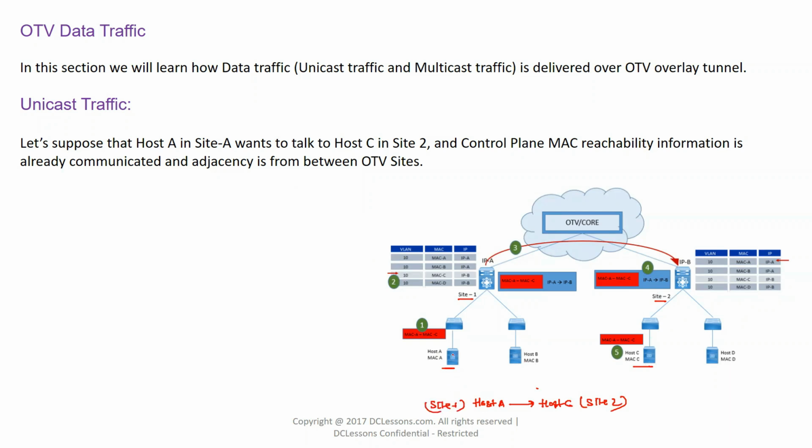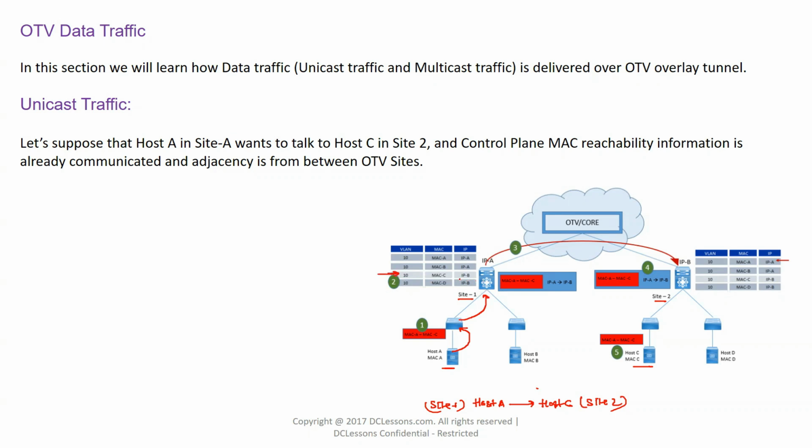Now, once the Ethernet frame reaches here, the access switch forwards that Ethernet frame to the edge switch where OTV is configured. Now the edge switch will consult where this MAC C is connected.